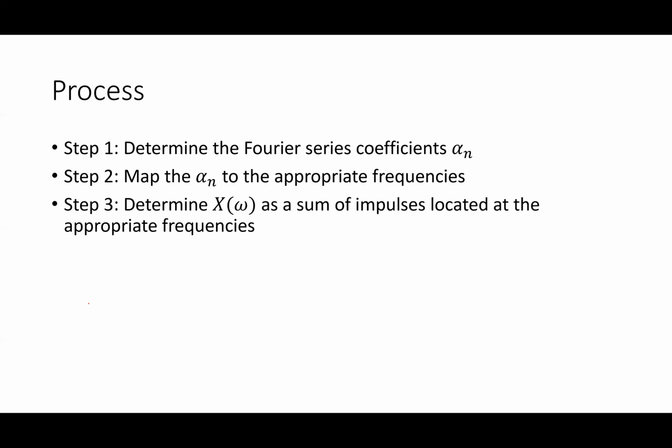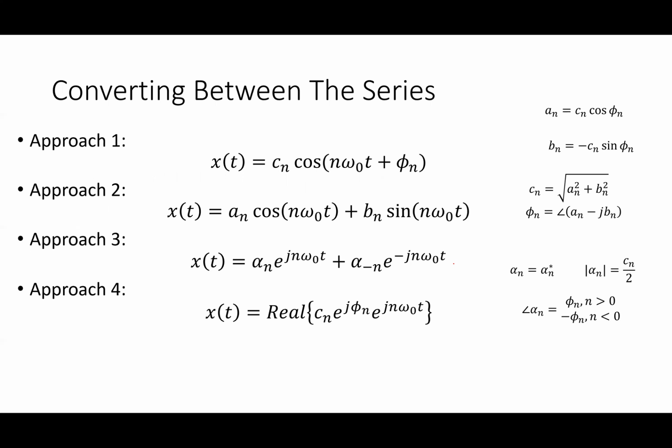The sum that we're making here is X of omega equals the sum from n equals negative infinity to infinity of alpha n delta of omega minus n omega naught. That's what we're going to figure out, and this is going to be helpful to us to figure out how to relate between those things.